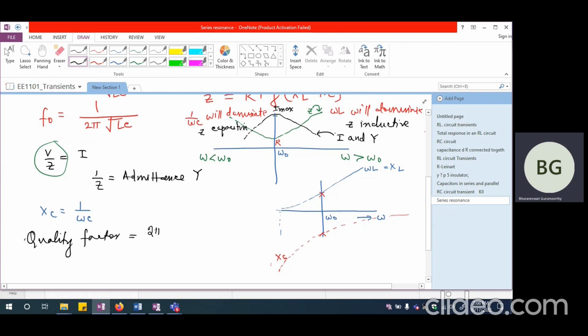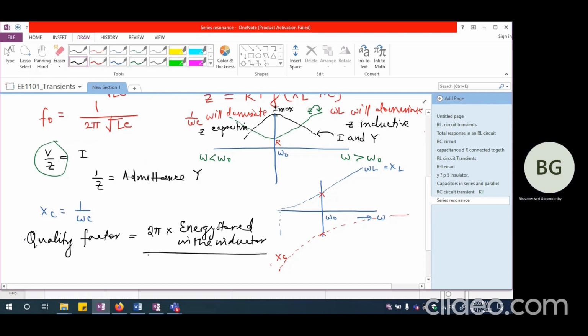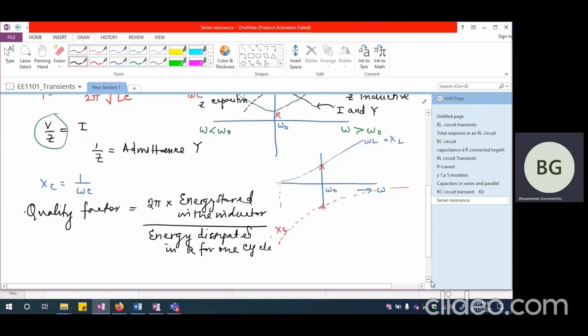So the quality factor is defined as 2 pi multiplied by energy stored in the inductor divided by energy dissipated in R, the resistor, for one cycle.